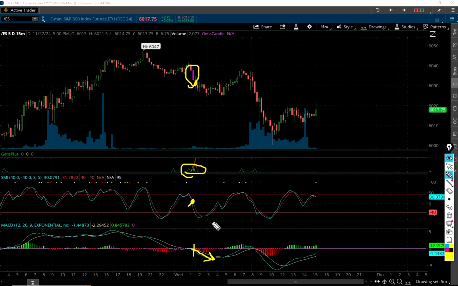Perfect entry. In this case, you could enter exactly at the end of that 15-minute candlestick. When the 15-minute was up, this alert was probably popping on and off through that 15 minutes. When the candlestick ended and the Get Us Plus indicator was still sitting there, just make the trade instantly. This is perfect.